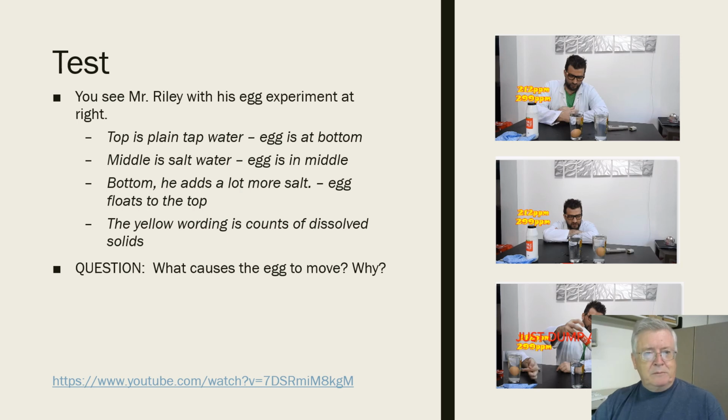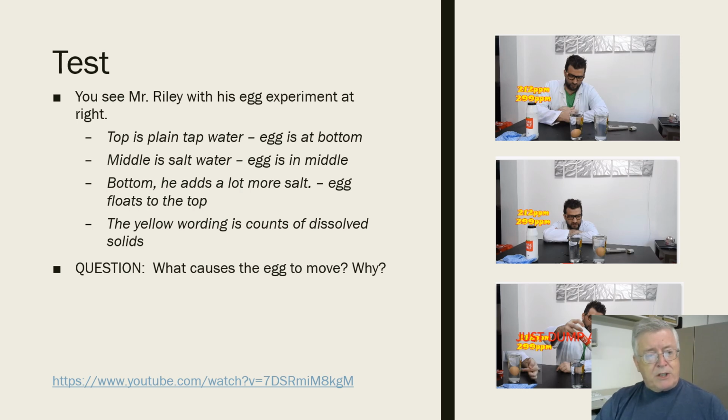At the bottom, he dumps a lot more salt into the glass, and the egg floats to the top. The yellow wording is counts of dissolved solids. He has a dissolved solids meter, and that's what he was using for that.